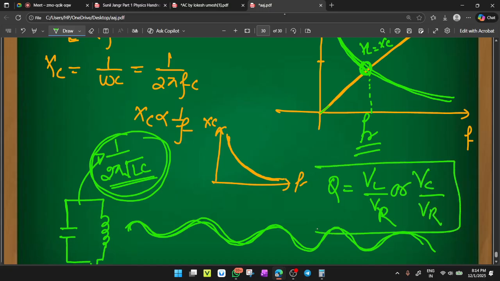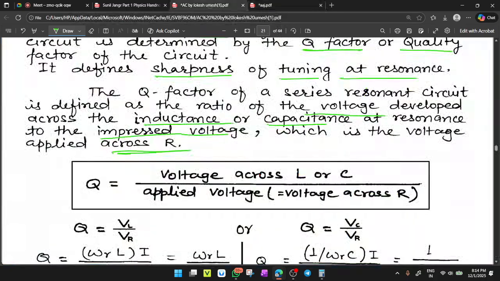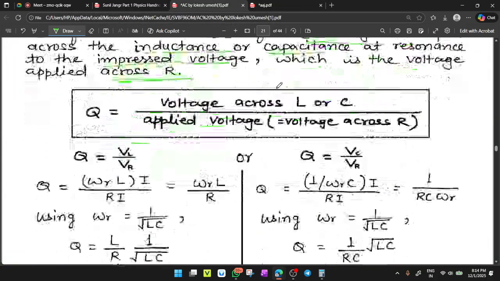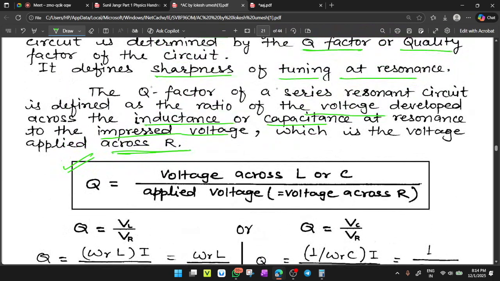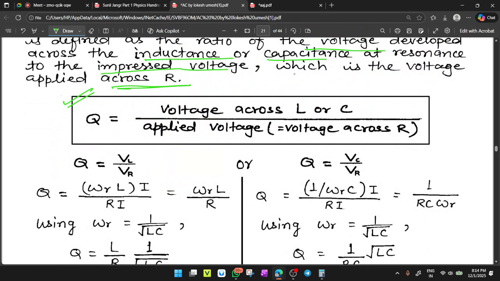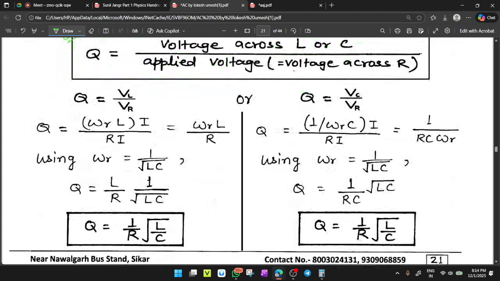Remember the formula? So write the formula: Q equals voltage across L or C divided by voltage across R. So Q becomes VL upon VR.